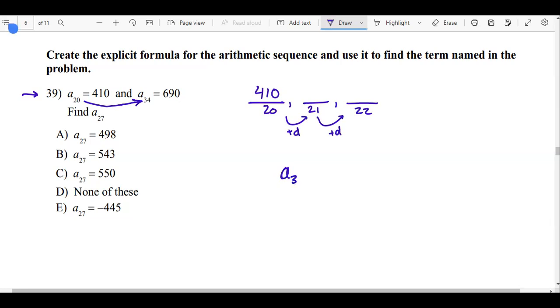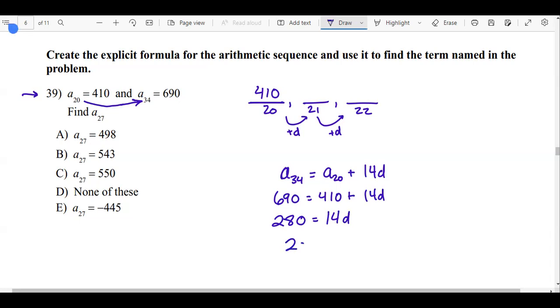Term 34 is term 20 plus 14 differences. So 690 is 410 plus 14 differences. Subtract 410 from both sides and you get 280 equals 14 differences. So the difference between term 20 and term 34 is 280, and we did 14 differences to get there. So we take that 280, divide by 14, and you get that the common difference is 20.